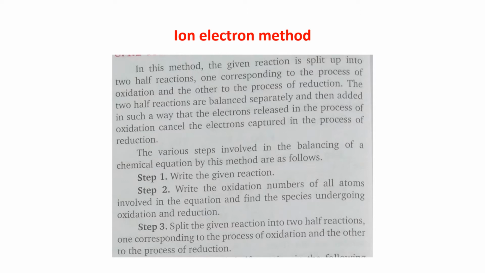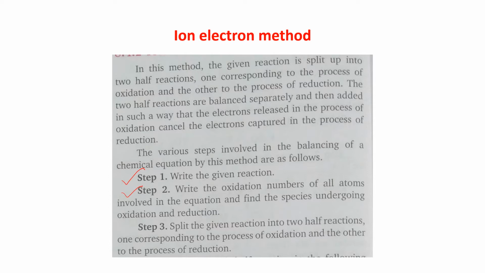Step 1. Similar to the oxidation number method, write the given reaction. Step 2. Write the oxidation number of all atoms involved in the reaction and find the species undergoing oxidation and reduction. You know about this.